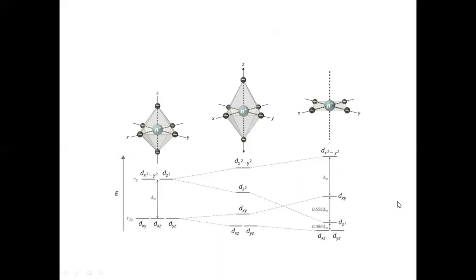That's why I have collected this slide from the internet in order to explain it properly. This is a beautiful slide which I got from the internet, and it is explaining how splitting is taking place in square planar complexes.